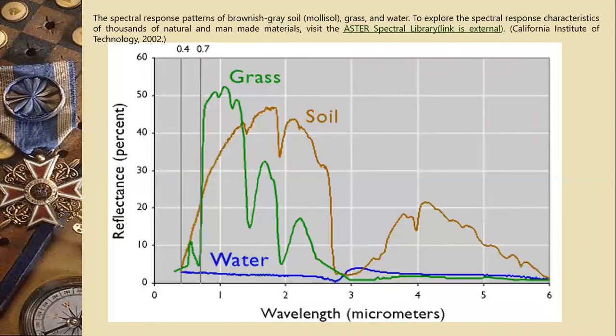You can see the pattern, how the water is reflecting, how the grass is reflecting, how the soil is reflecting. You can prepare this kind of graph, which is known as a spectral curve.